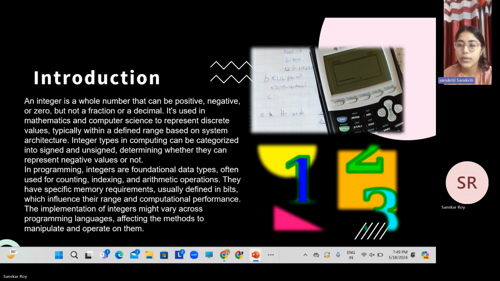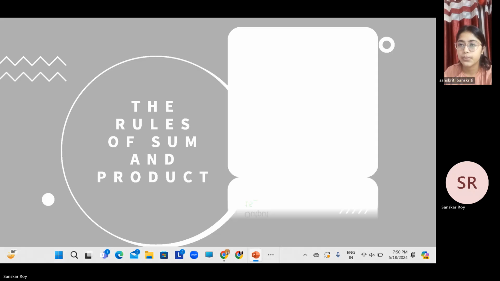In programming, integers are foundational data types, often used for counting, indexing, and arithmetic operations. They have specific memory requirements, usually defined in bits, which influence their range and computation performance. So this is what an integer is.